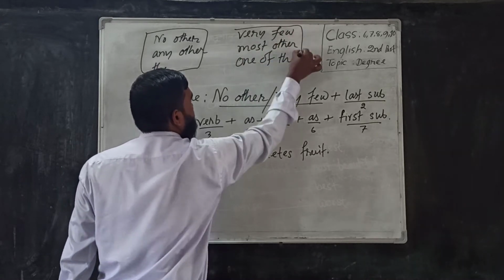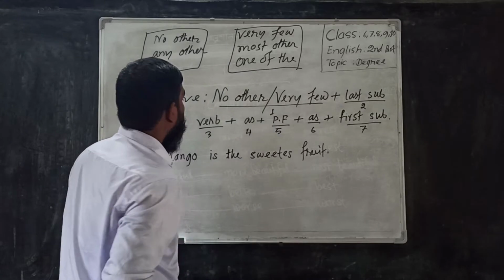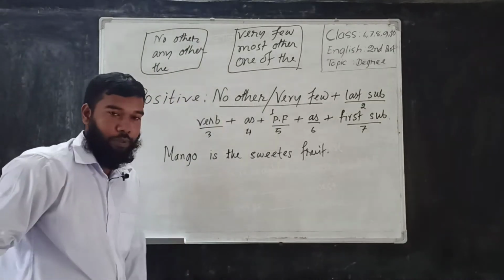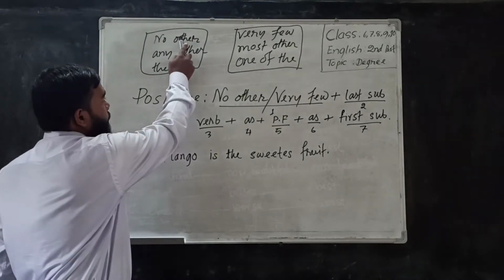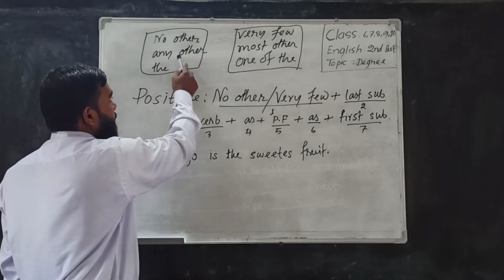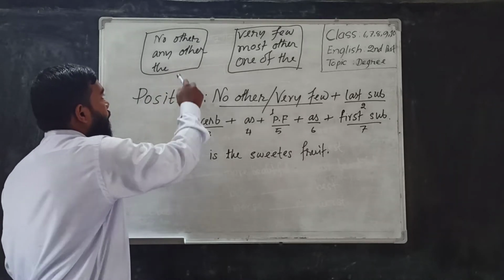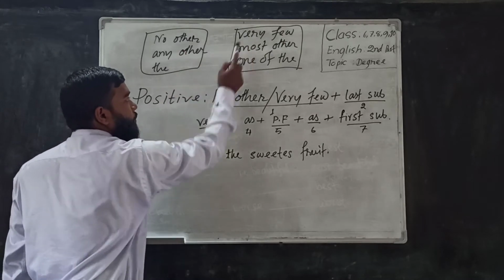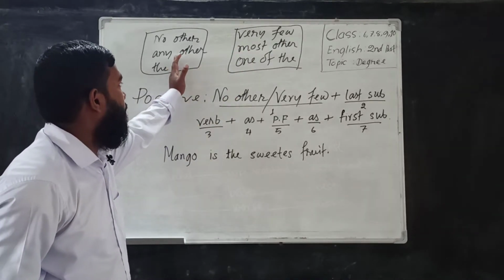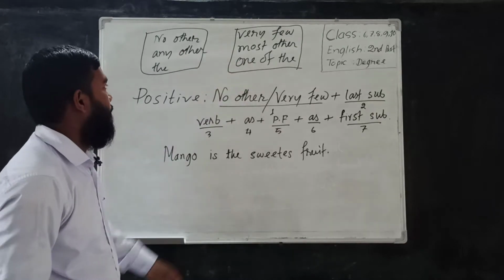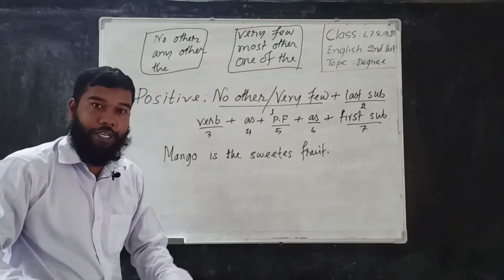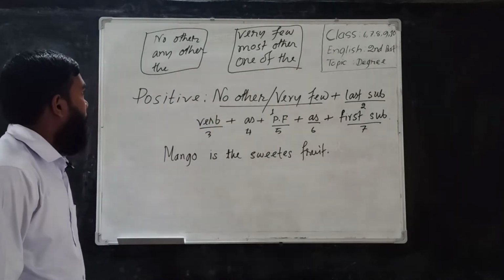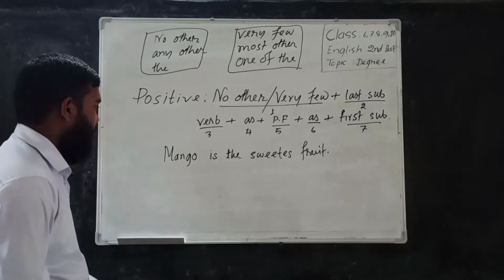It's another group. You have to change within these groups. You should not go across. If you find no other in the sentence, you can take any other or the. Okay? If you find the in the sentence, you have to take no other, not very few. You should not go there from here. Okay? You should remain here. Through this group you can change. Okay? Hope that you will be able to understand it.